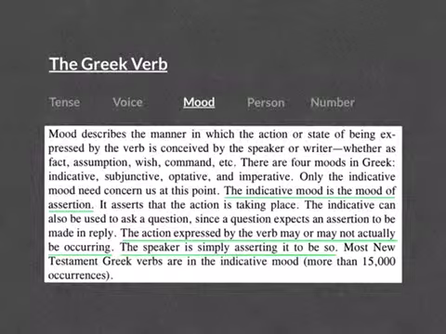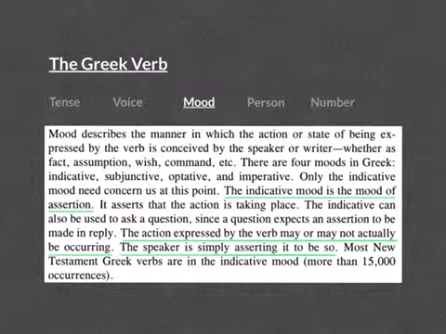Infinitive should be included as a mood. So you have indicative, subjunctive, infinitive, optative, and imperative.